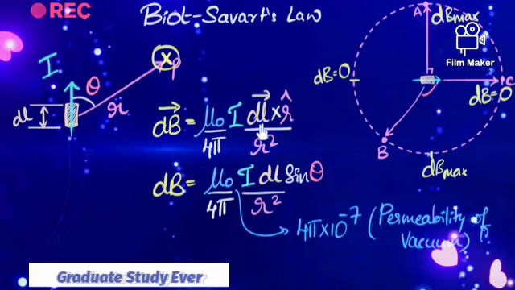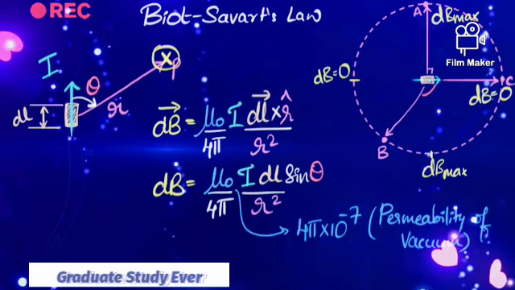So over here, if you want to get the direction of magnetic field, you have to get the direction of dl cross r. So here's how I like to do it. I look at my dl, it's this way. I look at my r, it's this way. So I have to do a cross from dl to r. And how do you do cross from dl to r? You take your right hand and you align it such that your 4 fingers are along this cross.